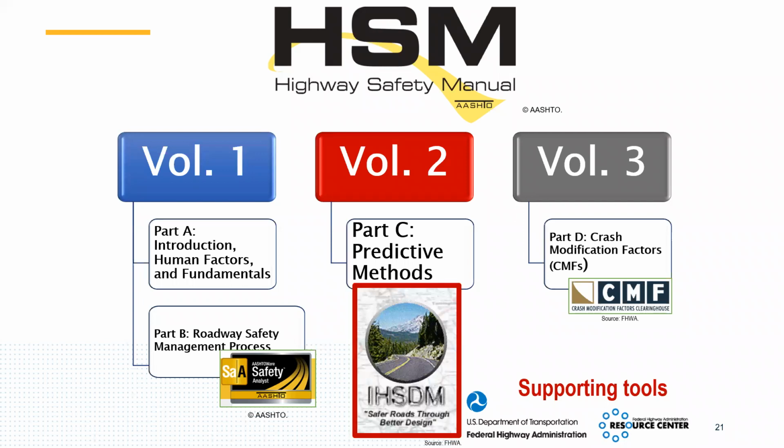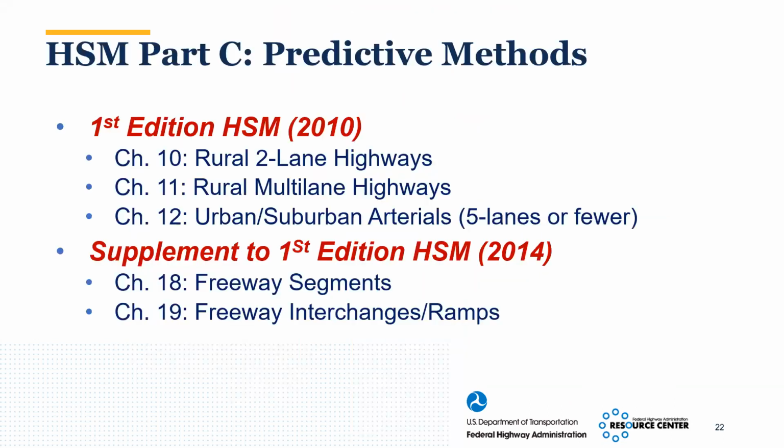Back in 2010 there was a selection criteria, but on the CMF Clearinghouse, currently there are nearly 7,000 CMFs. Not all of them are good, but there is a quality rating that can help to select one of them. HSM Part C, the first edition, covered roadway segments and also intersections for 3 different area types.